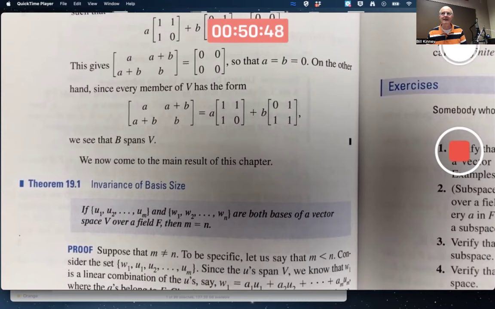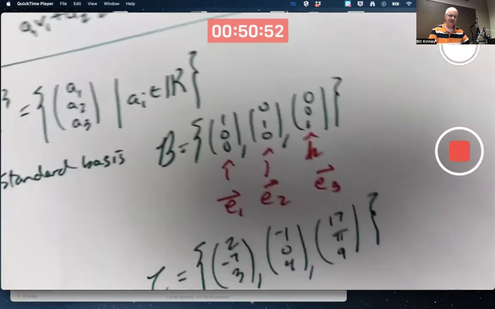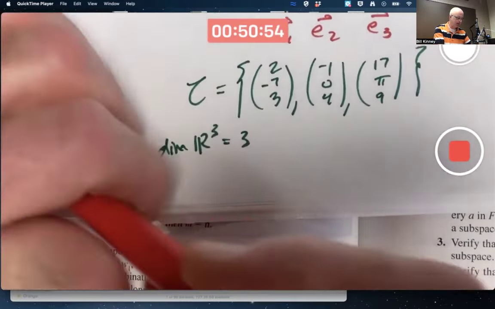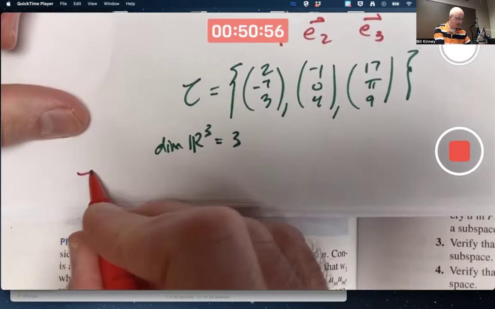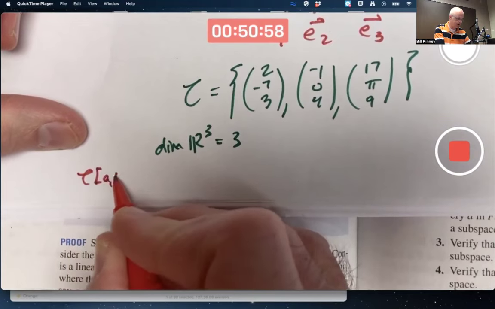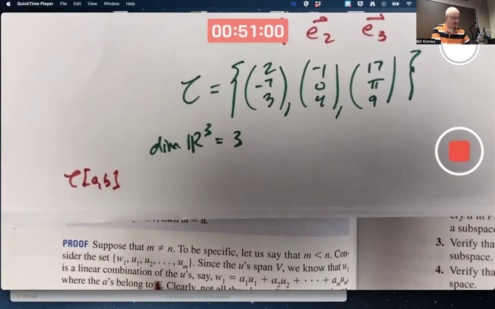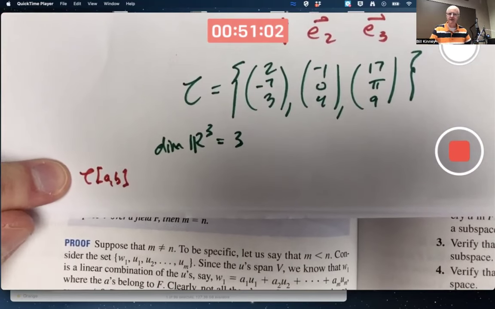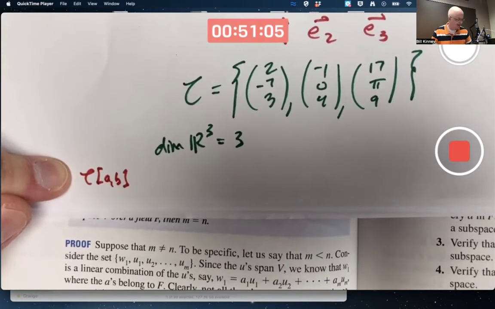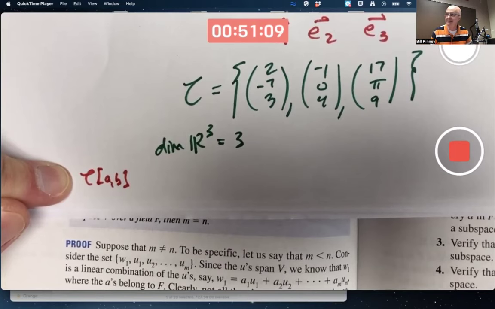Can I think of an example? Sure. Example I always bring up in linear algebra is this one, but there are other examples. That's a C, cursive C. What's that? Get this. This is the space of all real valued continuous functions on the closed interval from a to b.